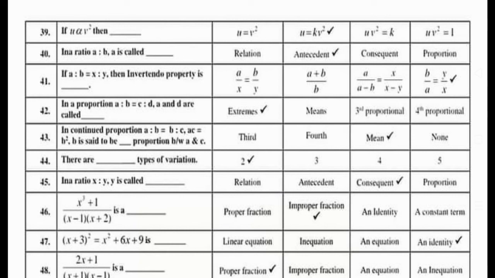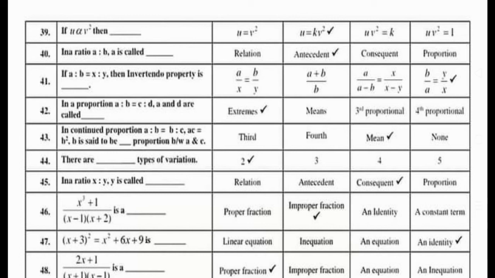If u is directly proportional to v square, then u is equal to kv square. In a ratio a:b, a is called antecedent. If a:b is equal to x:y, then the invertendo property is b:a is equal to y:x.